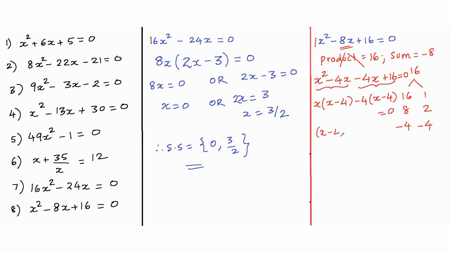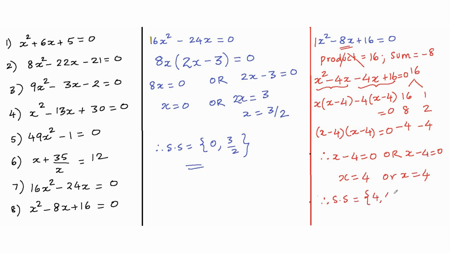This means x minus 4 multiplied by x minus 4 is equal to 0. And therefore, x minus 4 is equal to 0, or x minus 4 is equal to 0. Which means x is equal to 4 or x equals 4. And therefore, the solution set can be given as 4, 4. Or you can also write this as 4.